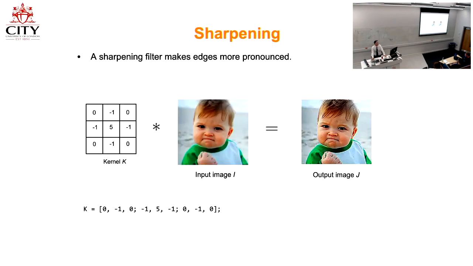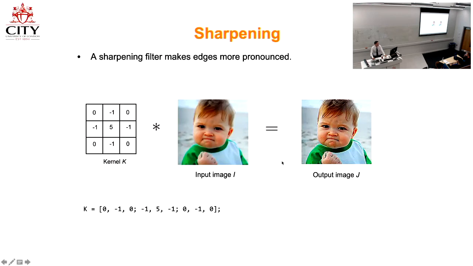So now I want to sharpen my image. What do I do? This is a filter that sharpens the images. It makes edges more pronounced. So far we were adding values of the neighbors together and averaging. Now we are deducting the values of the neighbors from the center point.